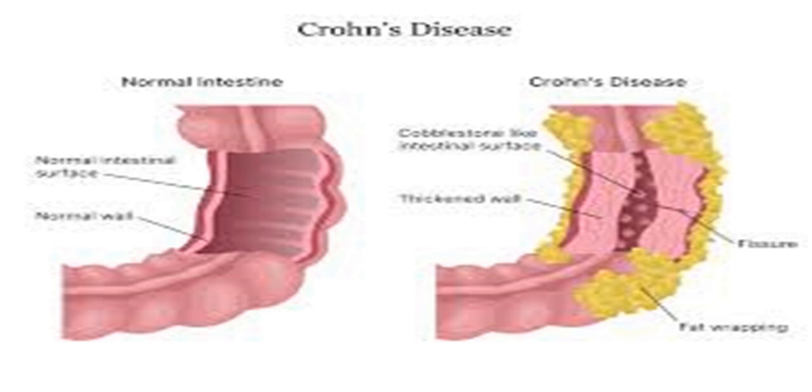Nutritional supplements. Vitamin and mineral supplements such as vitamin B12, iron, calcium, or vitamin D may be necessary if malabsorption occurs. Enteral nutrition. In some cases, liquid nutritional formulas are used to help the intestines heal and reduce inflammation, especially in children.